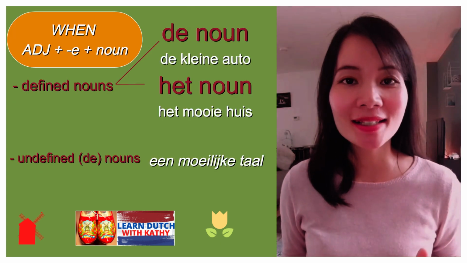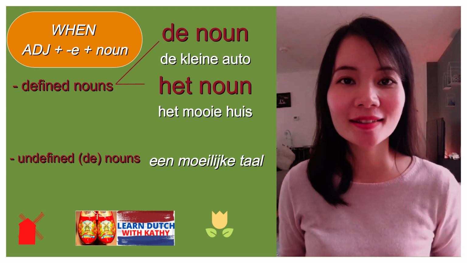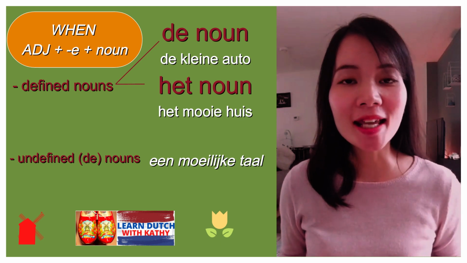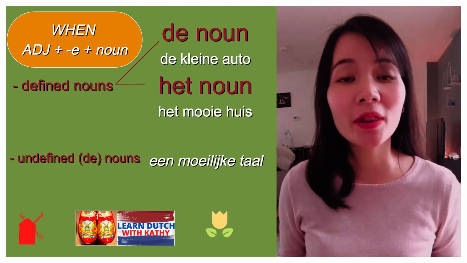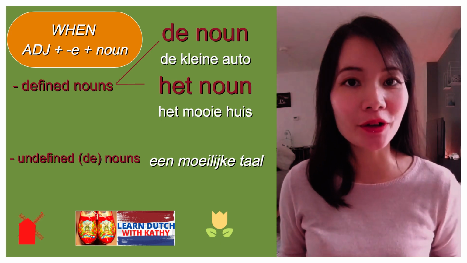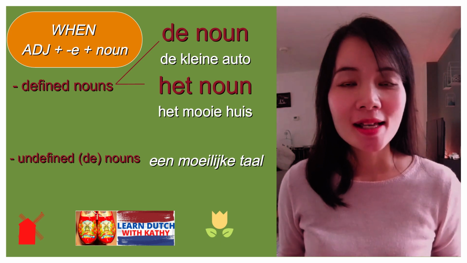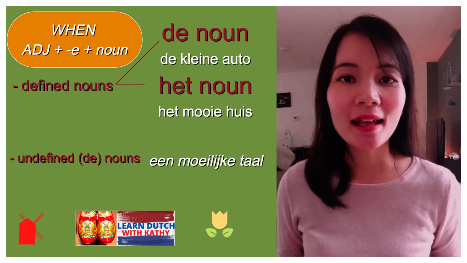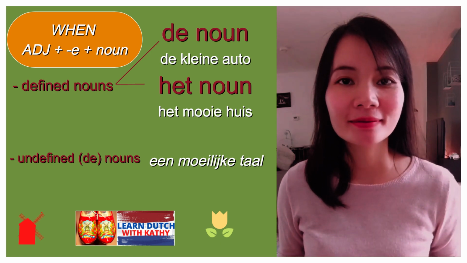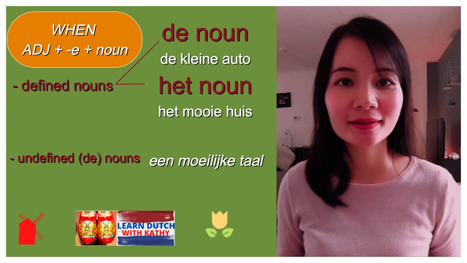So let's summarize what we have learned so far. If a noun in a sentence is defined with the de and het article in front of the noun, we just simply add the e at the end of the adjective and put it in front of the noun.